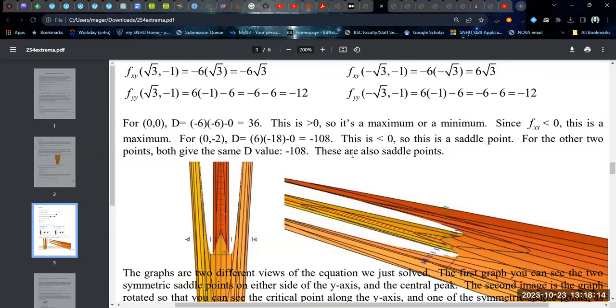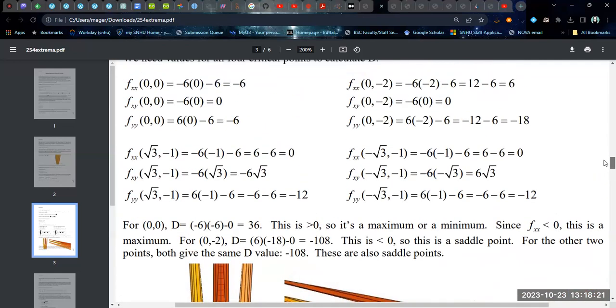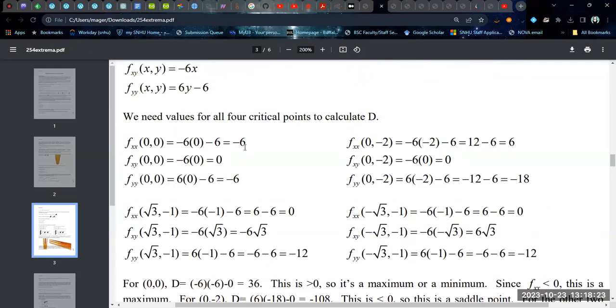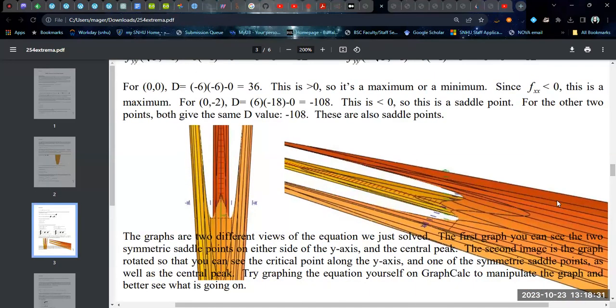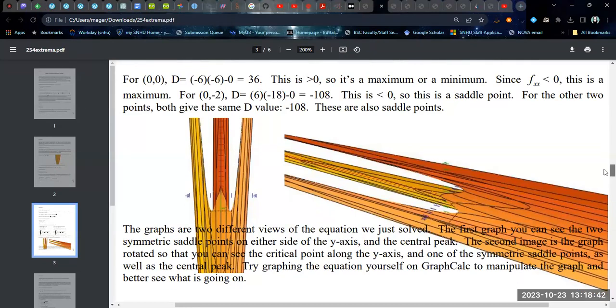They both give me negative 8, so they are also saddle points. So I end up with three saddle points and one max or min. If I look at these values, they are both negative, so my (0, 0) is actually a maximum. And if I actually look at the graph, I can see the maximum on there, and then my other saddle points as the things run off to infinity in various directions.